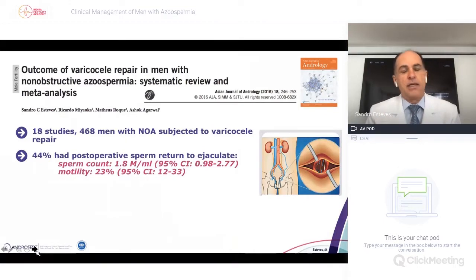These are small cohort studies, including about 500 patients with non-obstructive azoospermia. And these patients were subjected to varicocele repair, most often microsurgical varicocele repair. And we found that 44% of men had some sperm in the ejaculate postoperatively.